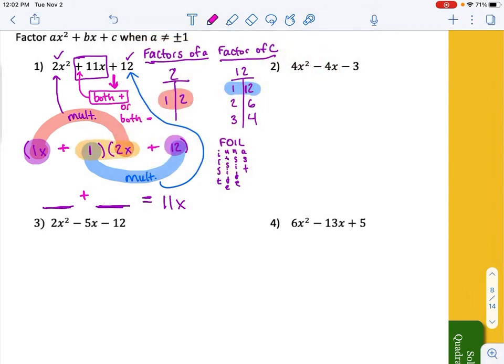Okay, so I take 12x from my outside terms, 1x times 12, and 1 times 2 is 2x, and I end up getting 14x. So those two do not check out, okay? They don't equal 11x. So let me try maybe flipping them. Put 12 here and 1 here.